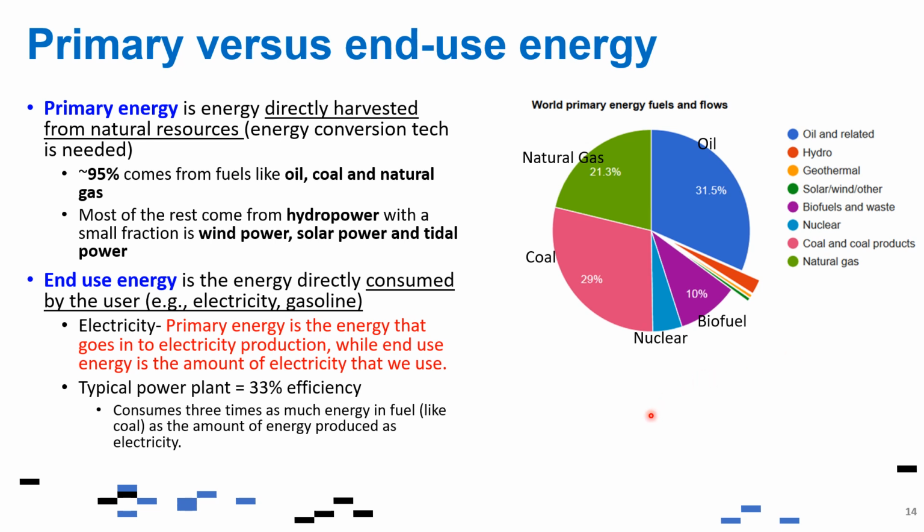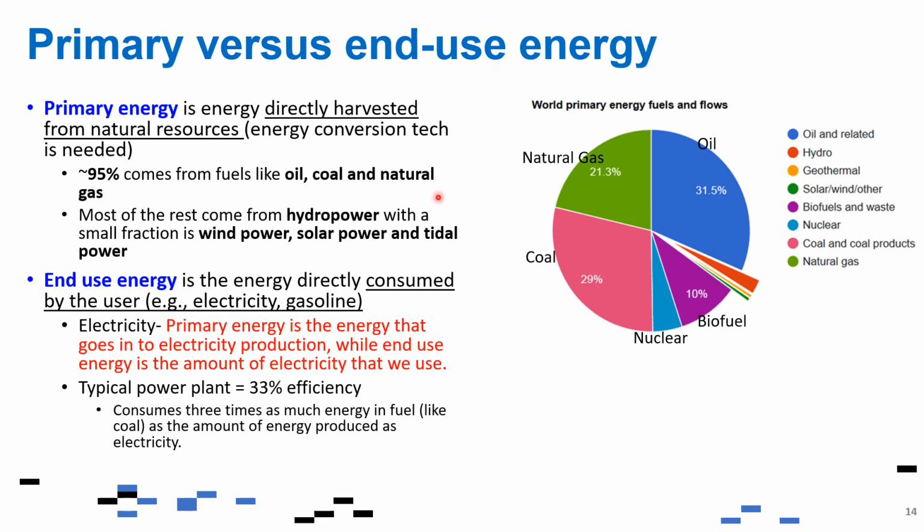There are two kinds of energy that are used and produced. The first one is primary energy, and I think everybody knows what primary energy is. It's energy that is directly harvested from nature. So in this case, most of the fossil fuels are primary energy, like the coal, the oil, and natural gas, which are coming from nature directly.